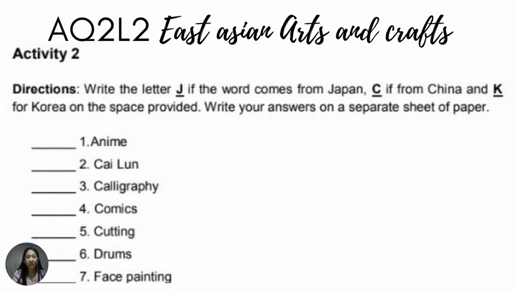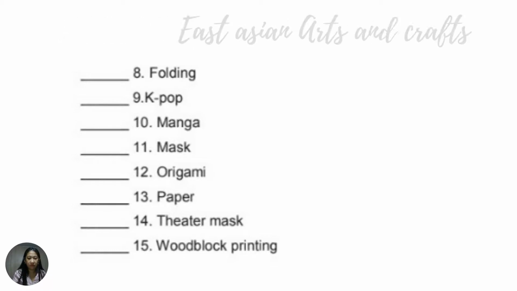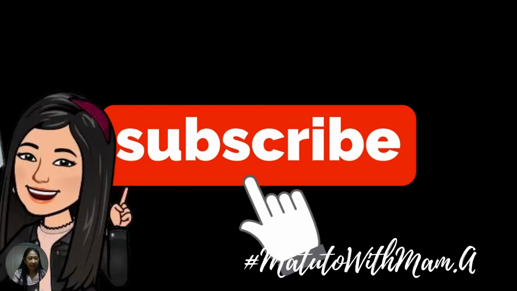Write your answers on a separate sheet of paper. Send an image file in our Google Classroom. So these are from 1 to 7, and these are for numbers 8 to 15.